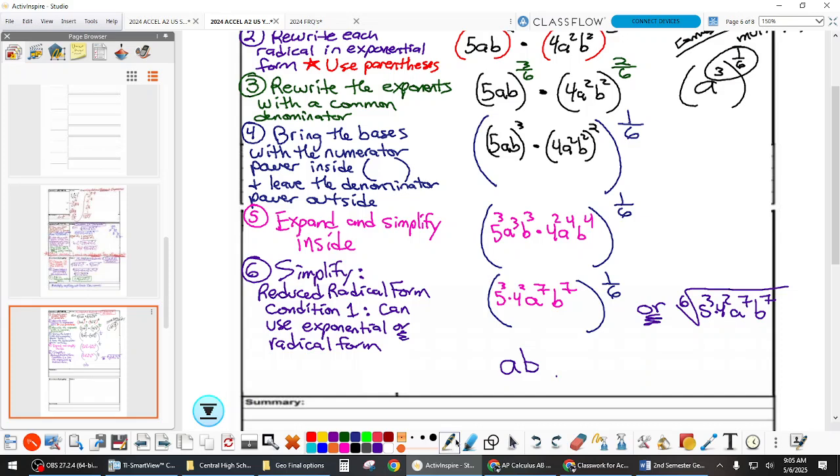This thing's having issues. Just give it a second. I'm not really sure what the problem is here. There it goes. Yeah.